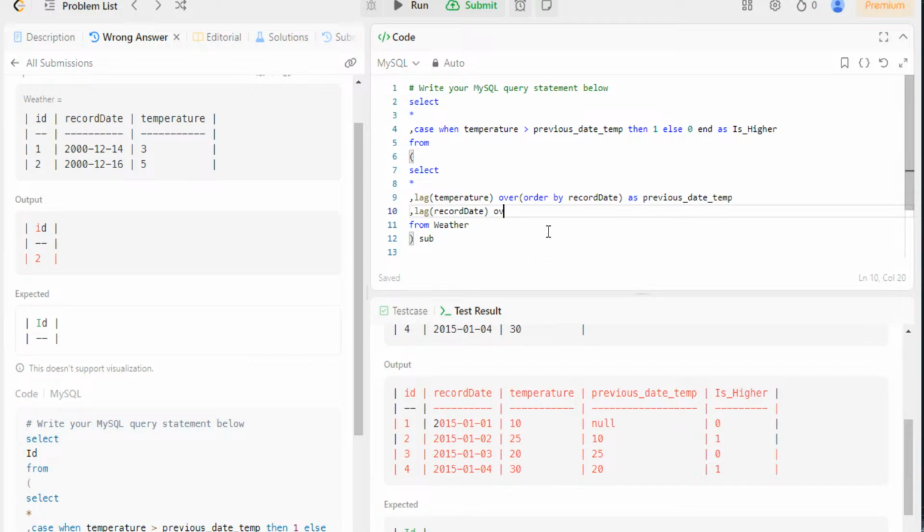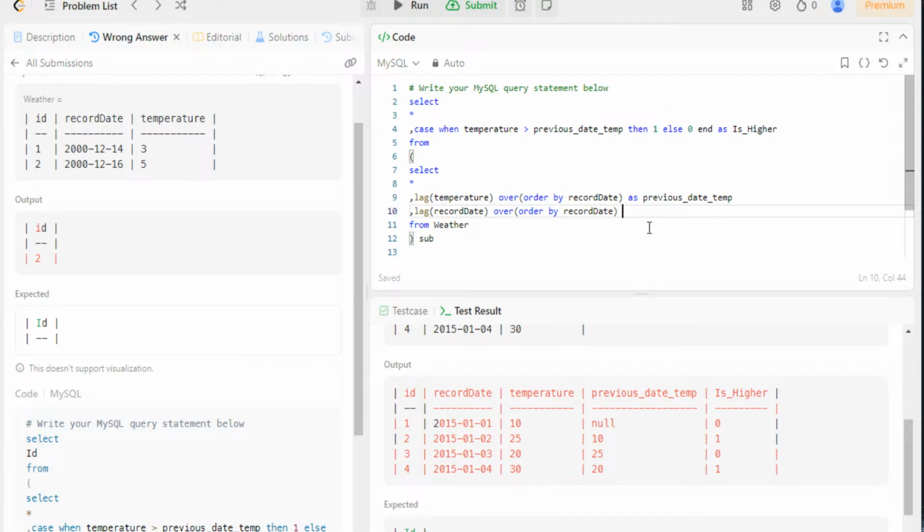Did you try it? Order by record date. Just like everything I do, I gotta hard code it.